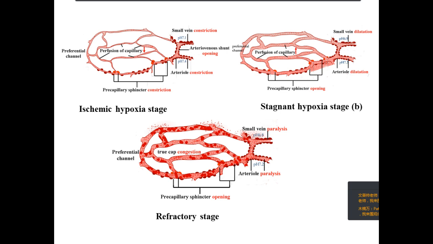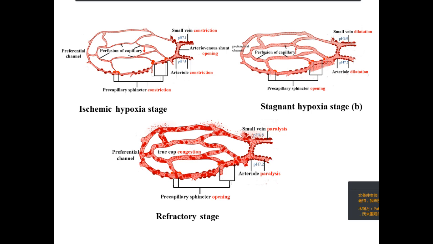So during this stage, pre-capillary resistance and post-capillary resistance both increase, but the pre-capillary resistance increases more. During the stage, do the arteriovenous shunts open or close? Open. So some blood returns through the arteriovenous shunts.